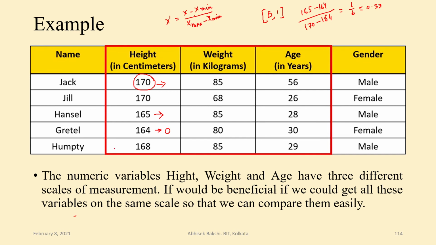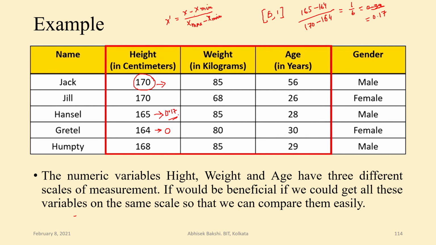Let's see. It's 0.17 actually, 0.1666, so 0.17. So this will be represented by 0.17 like this.